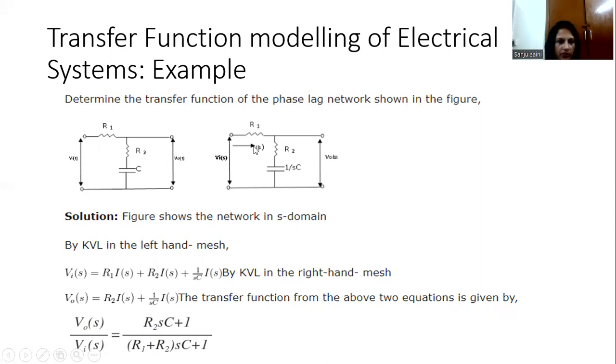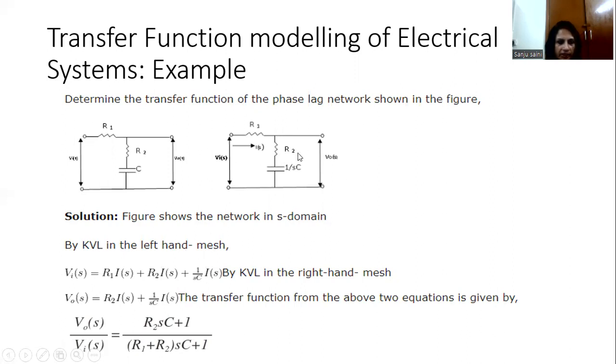Then we do the mathematical manipulation to get the ratio V_o(s) divided by V_i(s), because we have specified the input variable as V_i(s) and the output variable as V_o(s). First, we apply Kirchhoff's voltage law to this loop to get V_i(s) equal to this.